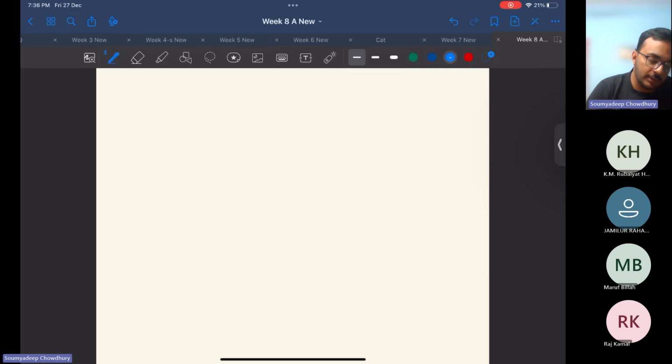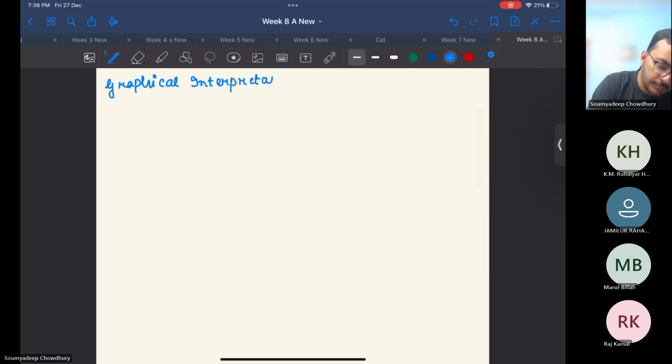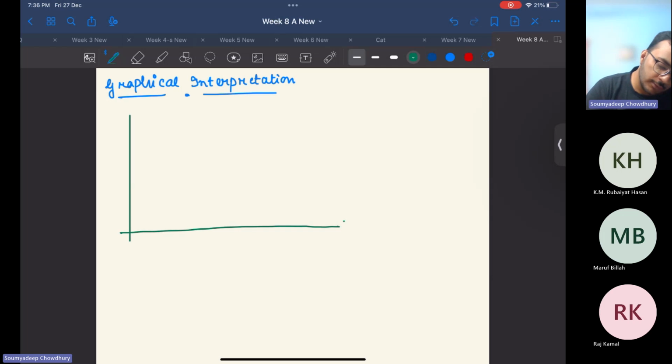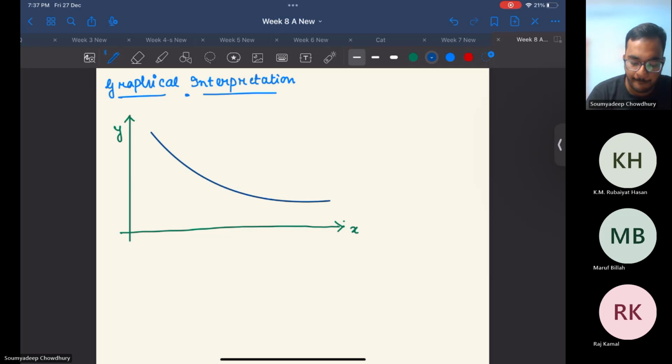If we look into the graphical interpretation, we have our usual XY plane here, and suppose we have our function like this, and we want to find, say, at this point, the derivative of the function.